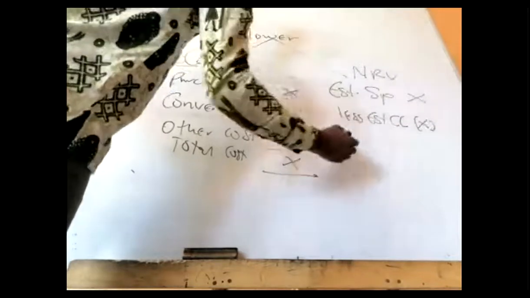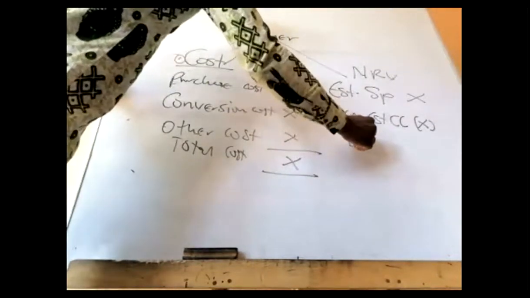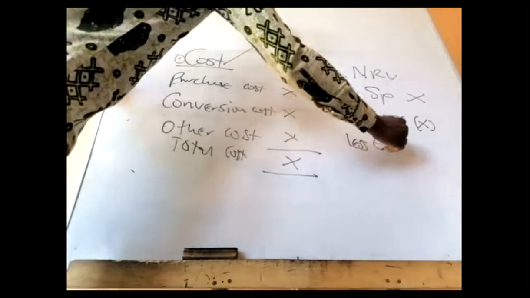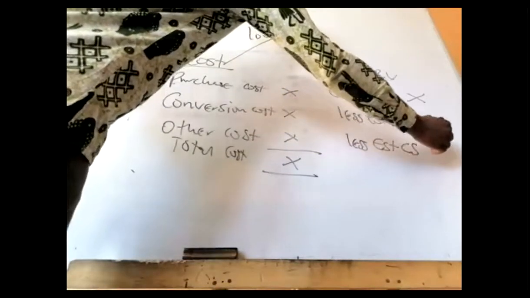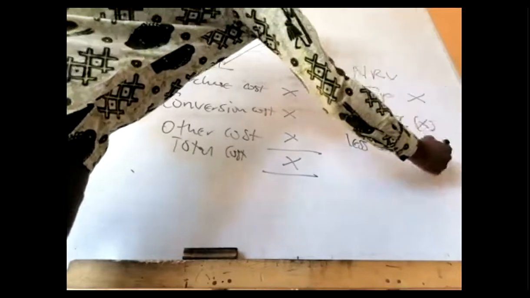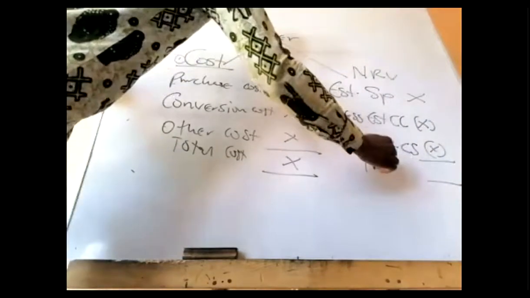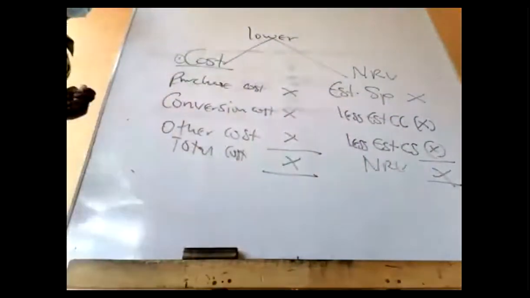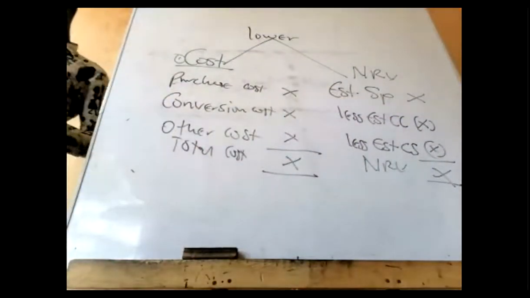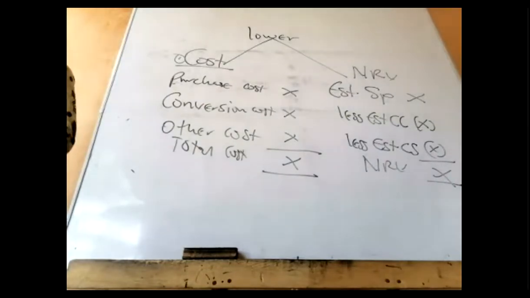Finally, less estimated cost to sell, so much. So this one becomes the NRV. Good. So this is how the format or the approach will be if I bring all of them on the board.